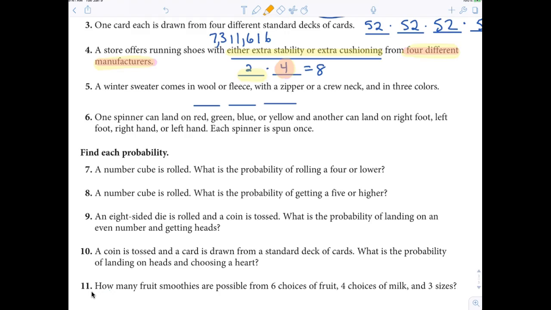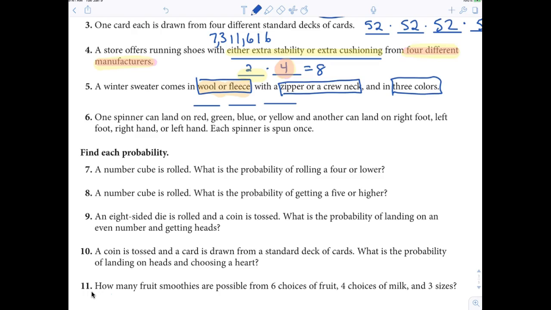You're choosing between wool or fleece. Are you listening to me? I'm trying to answer your question now. Wool or fleece. See, the mistake you're making is you're just counting these. Here's what I'm trying to explain to you. You can get it wool or fleece, with a zipper or a crew neck, and in 3 different colors.